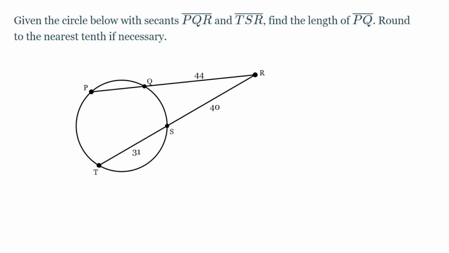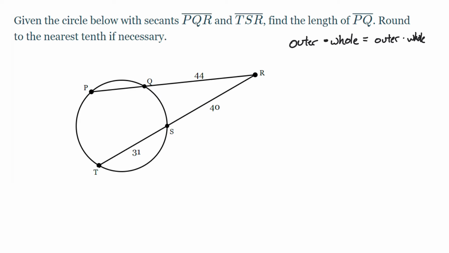So our formula for this one is the outer segment, that means outside of the circle, times the entire segment, the whole thing, will be equal to the other secant line, the outer times the whole thing again. These two segments, if we use this formula, will create the equation for us.